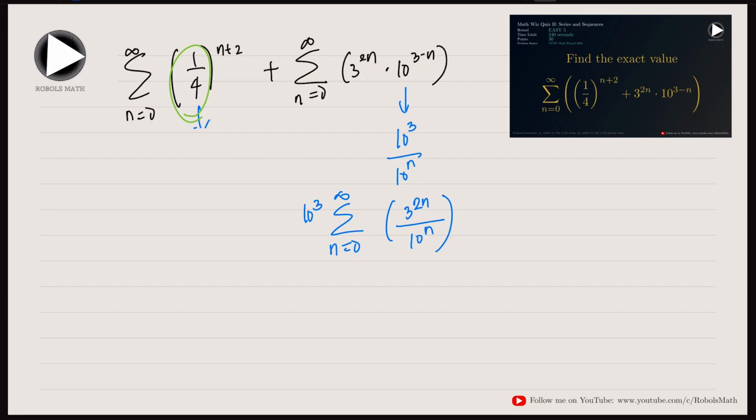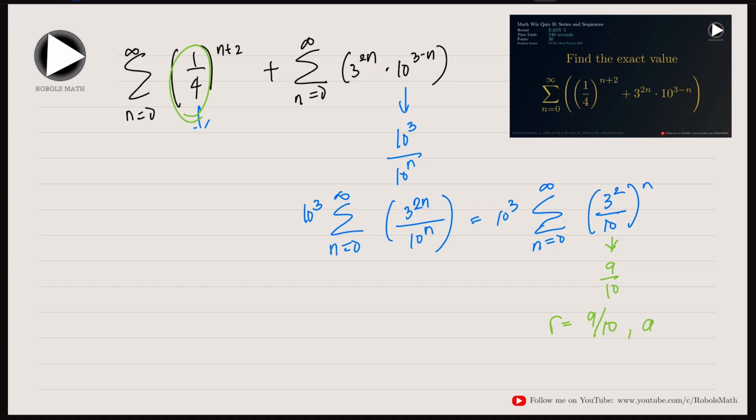To find the common ratio, we have to isolate the n in the exponent. So this will look like the sum of 3 squared over 10 to the n from n equals 0 to infinity. We can simplify the 3 squared over 10 as 9 over 10. Therefore, the r here is 9 over 10. That's the common ratio, the base of the exponent.